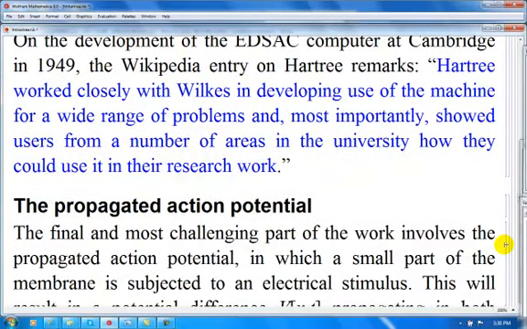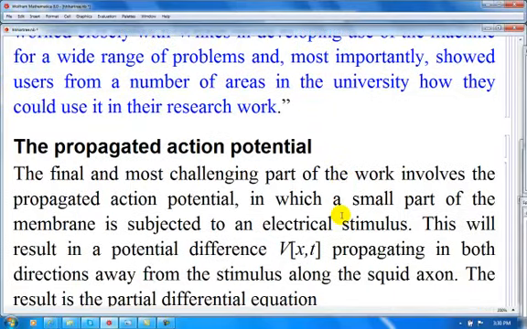So that was the second part of the problem, and now we get to the third part, and the most challenging part, which involved the propagated action potential.